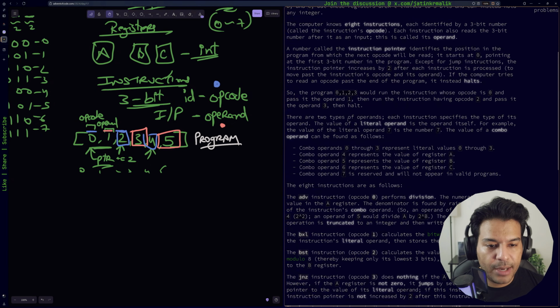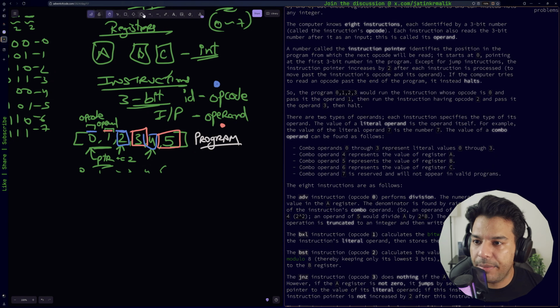So now let's talk about operands. It says that there are 2 types of operands. Remember, the operand is the pink color, the one on which we are doing some operation. Let me write it down: operands are of 2 types. Let's see what they are.